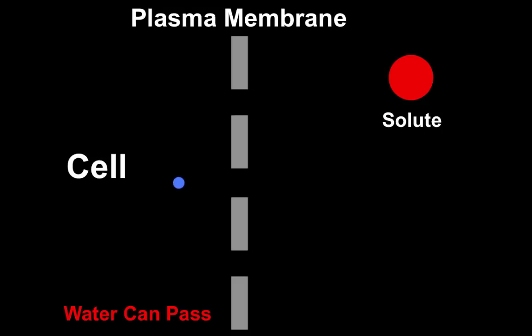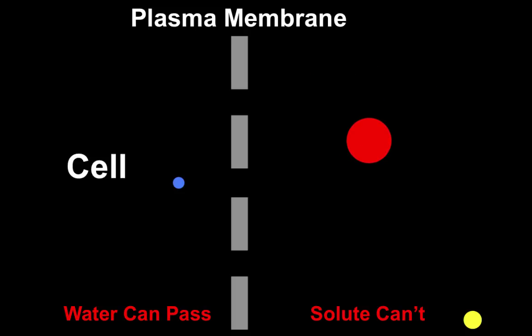It's small enough, and water can easily pass back and forth across the membrane. The solute, however, is too big, and it can't. So semi-permeable, selectively permeable basically mean kind of the same thing. What we're saying just in this case is water can move through the membrane and the solute can't.